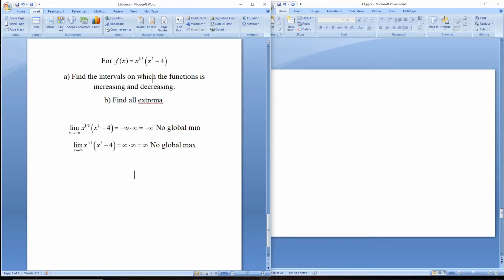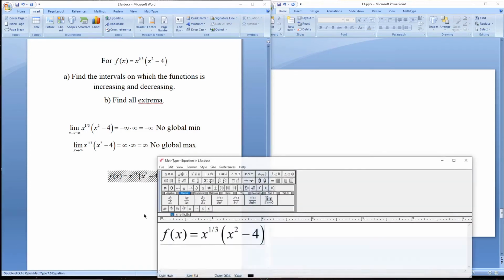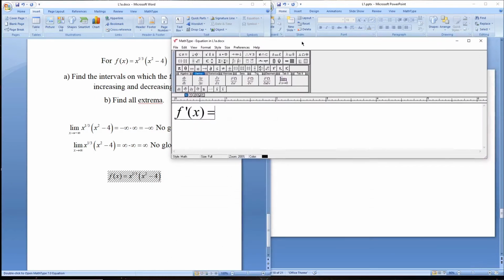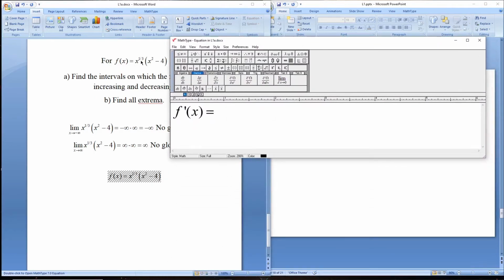So let's do the work now to figure out what's happening in between the endpoints, and that's doing the derivative. So we do have a product rule here. We're going to have x to the 1/3 times the derivative of x squared minus 4. I am doing the product rule in my head here. So the derivative of x squared minus 4 is 2x.